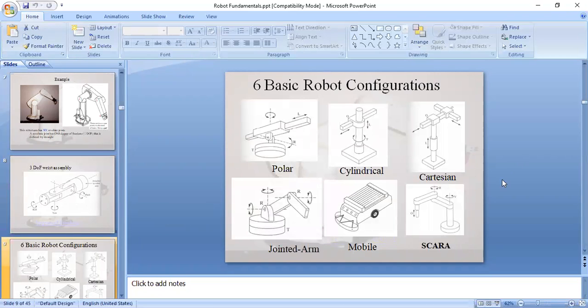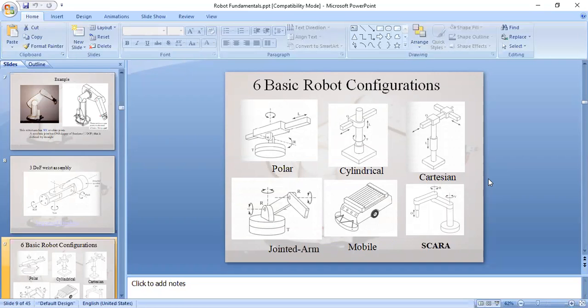And the last point, that is 6 robot configurations. Robotic arms are designed with reference to these configurations. Polar configuration, this polar type of robot has one translation and 2 rotational degrees of freedom assigned.